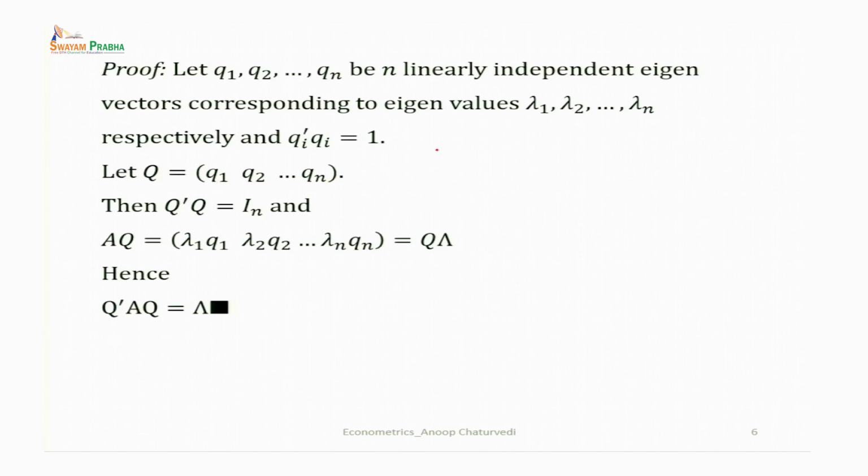Then obviously, Q transpose Q has ijth element q_i transpose q_j, which is equal to 1 if i is equal to j and 0 if i is not equal to j.